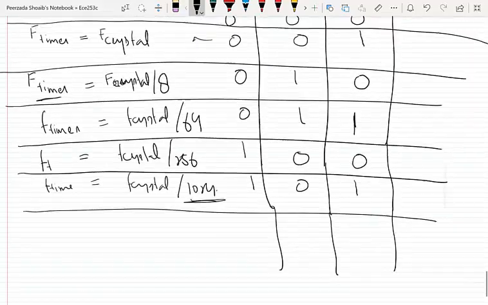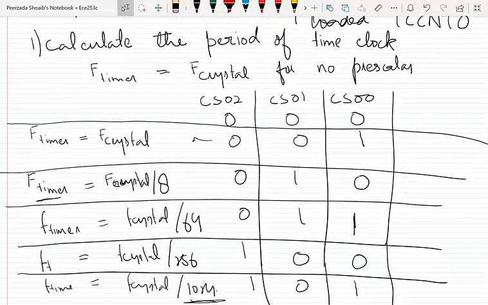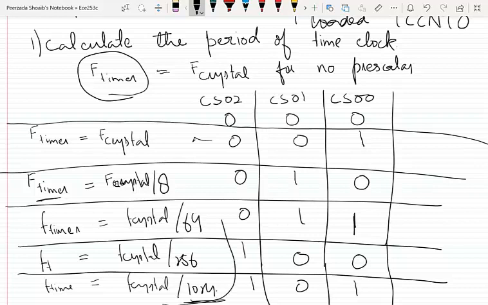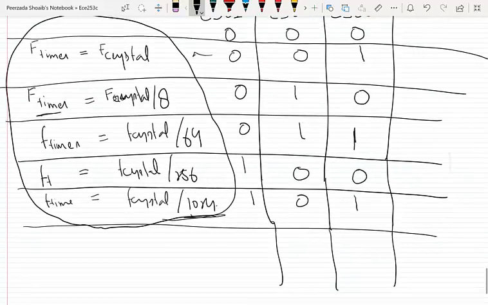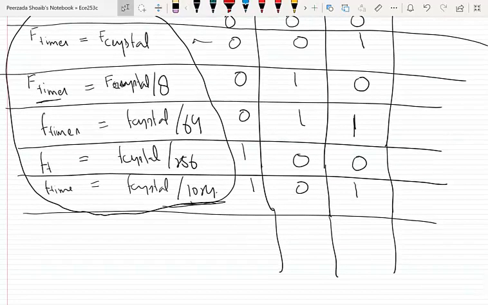So the first step is to calculate the frequency of the timer. How do we calculate? Using these formulas. We should know what value we are going to load in the timer control register B, and depending on that value we will get our timer frequency. Once we have determined the timer frequency, we will get the timer time period, T timer clock.